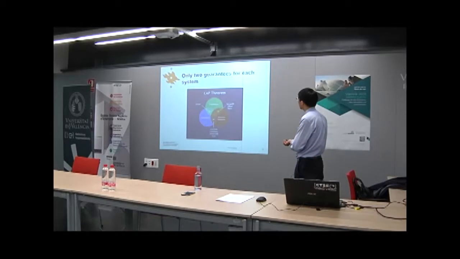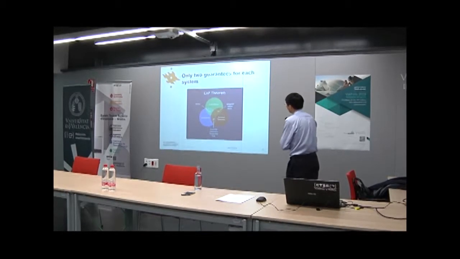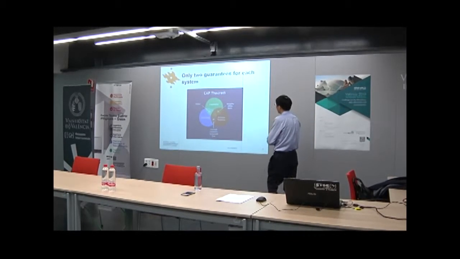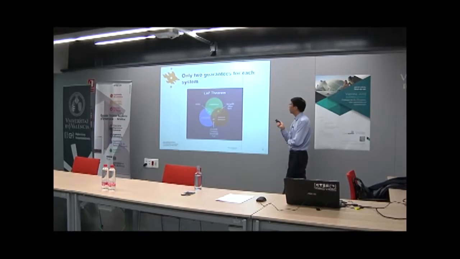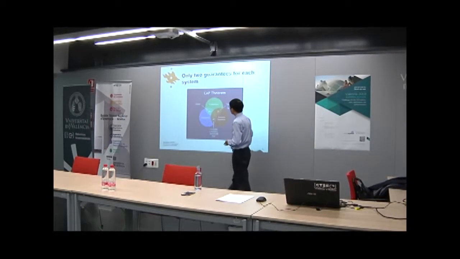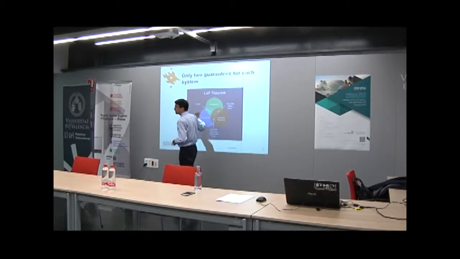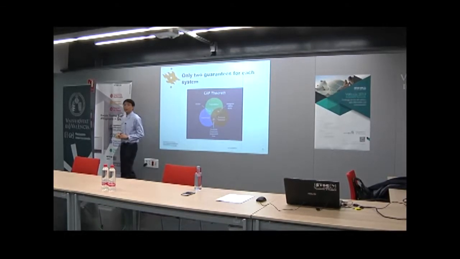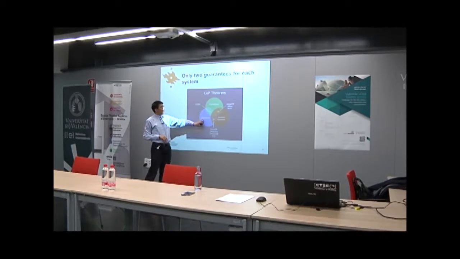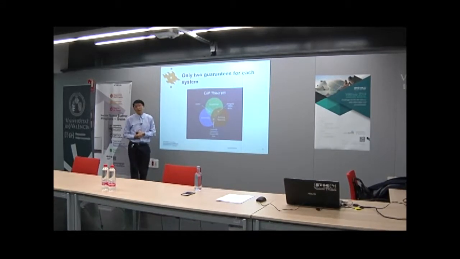We have three properties: consistency, availability, and partition tolerance. The CAP theorem tells us that only two of the guarantees can be provided by each system. Therefore, we have three different combinations of the three properties. If a system supports consistency and availability, an example is the RDBMS.